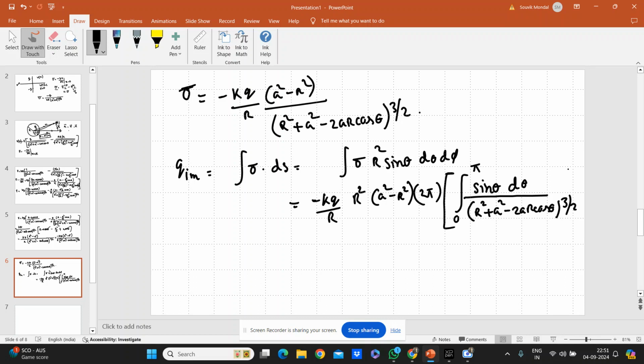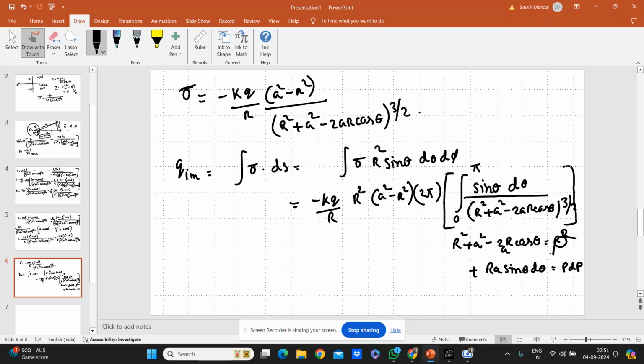This integration you can solve. You just have to take r square plus a square minus 2ar cos theta as, let's say, p square. Then ra sine theta d theta is equal to p dp.